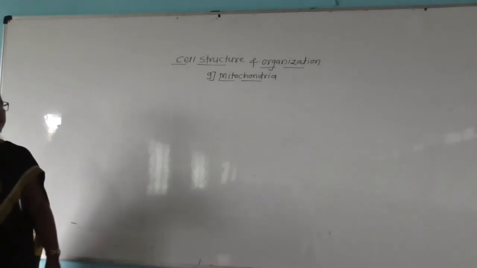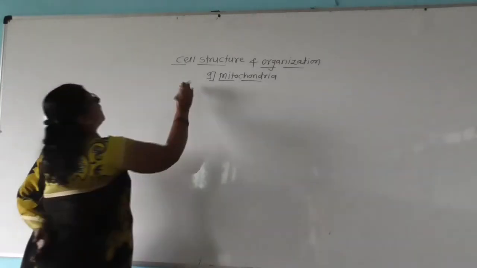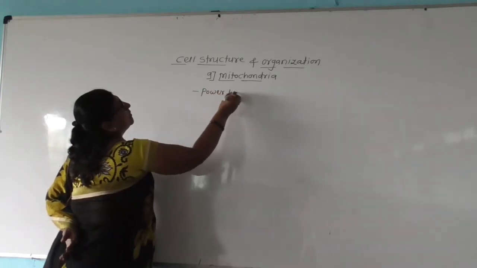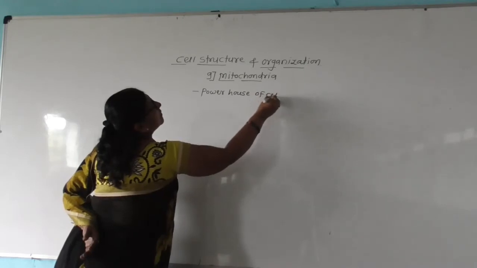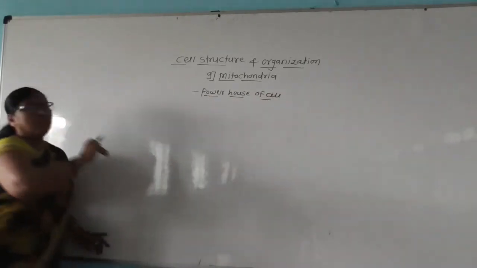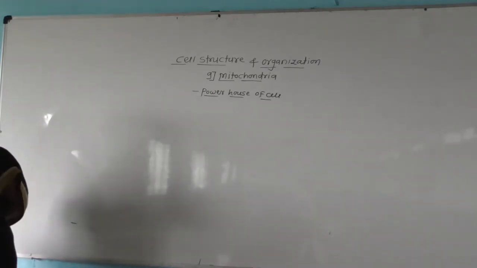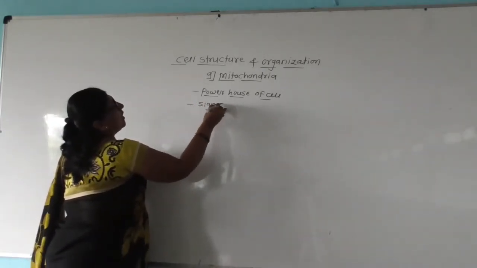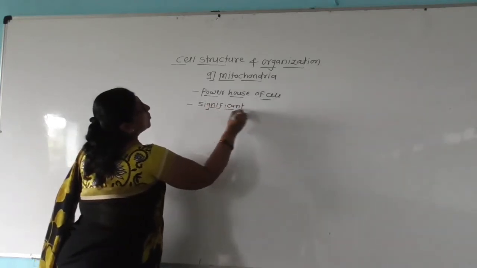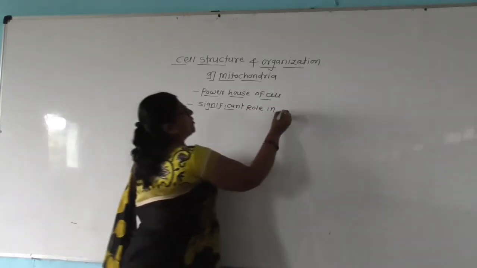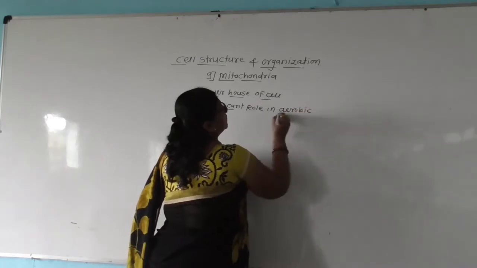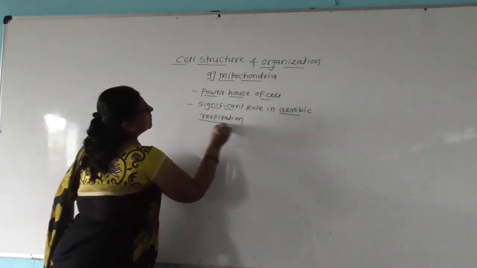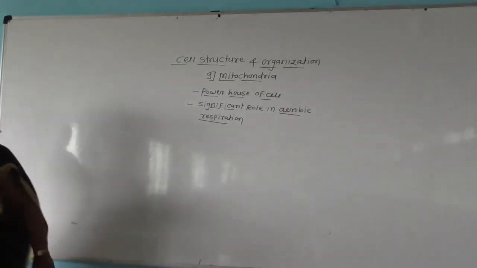Mitochondria is known as the powerhouse of the cell. Mitochondria plays a significant role in aerobic respiration.